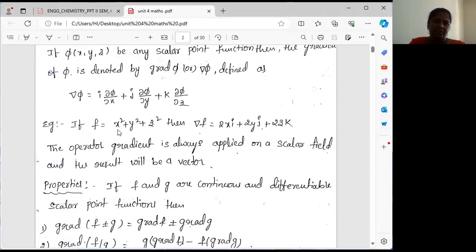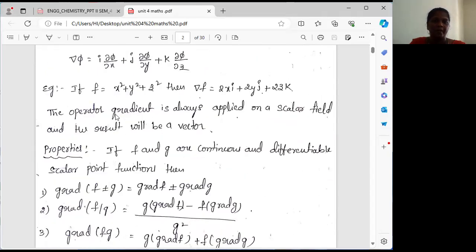Partial differentiation with respect to x gives 2x, so i into 2x. With respect to y it is 2y, so 2y into j, plus partial differentiation with respect to z gives 2z into k. The operator gradient is always applied on a scalar field and the result will be a vector.